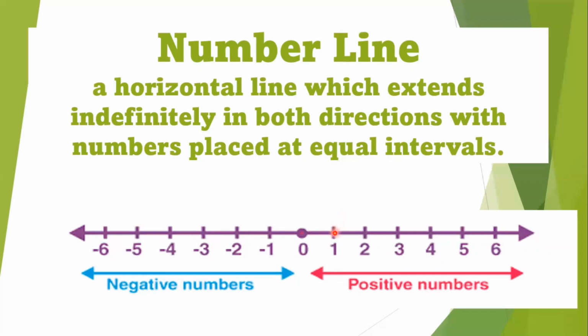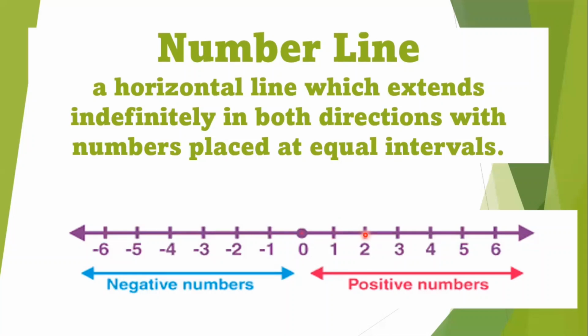Diba? 0, 1. Tapos, we have 1 and 2. So, isa lang ang agwat niya sa bawat isa. Nakuha mo? Magpa-plus 1 lang tayo para makakuha ang next number. But, before that, may pinaka-importanting parte ang number line.